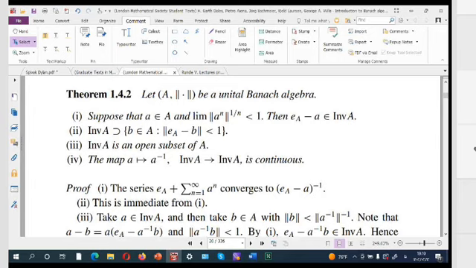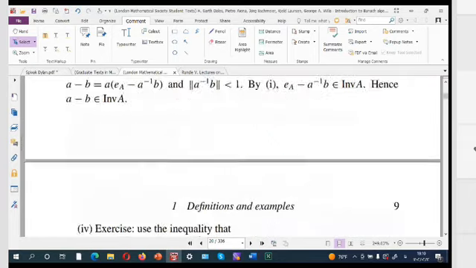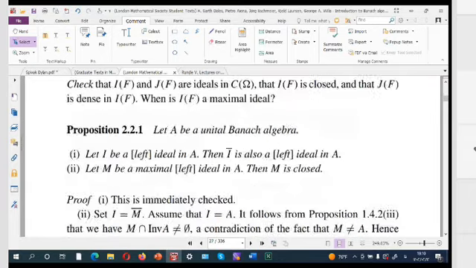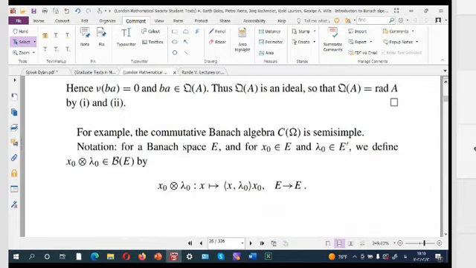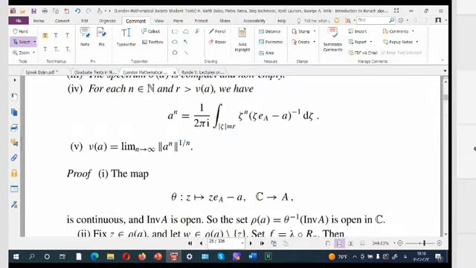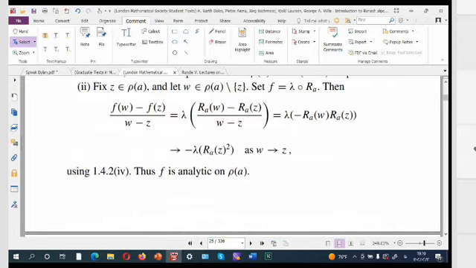Okay, the inverse map is continuous, and we use this for the previous statement: the set of all invertible elements is open. Okay, so this f is analytic on rho of a.